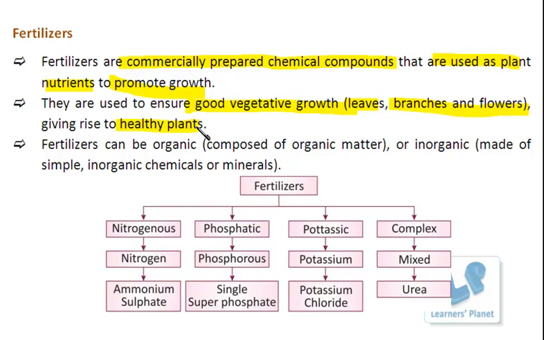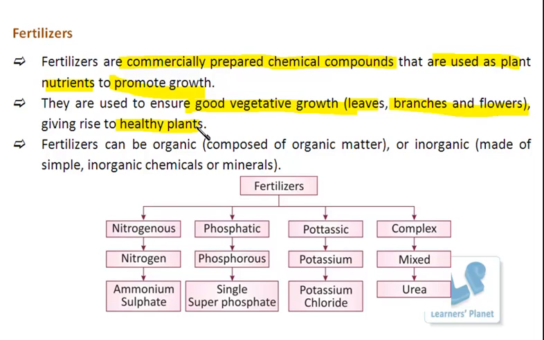Growth is possible only when the nutrients are provided. And what are these nutrients for the plants? These plants require different types of nutrients which are supplied by different mediums, right? And what could these mediums be? Like air, water and soil.